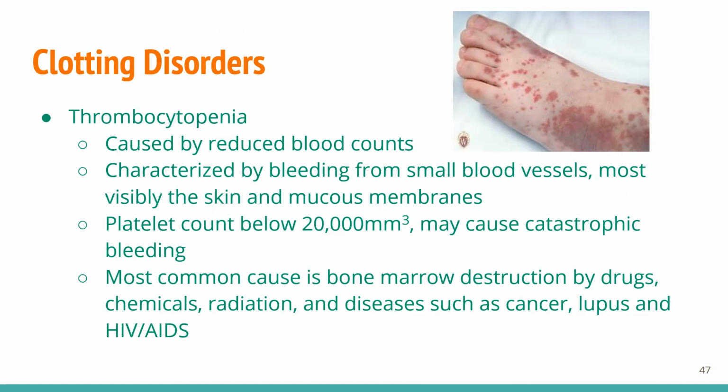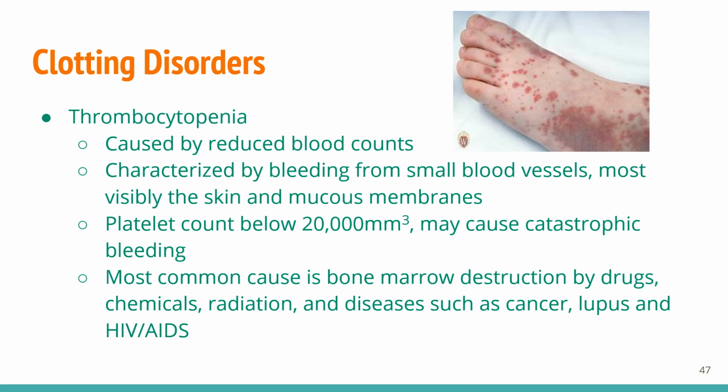And lastly, thrombocytopenia. So thrombocytopenia, you think thrombo, you think of clots, cyto cells, penia low. So this is a reduced platelet count. So again, your platelet count here is 20.